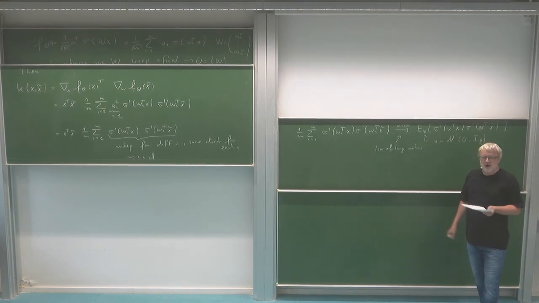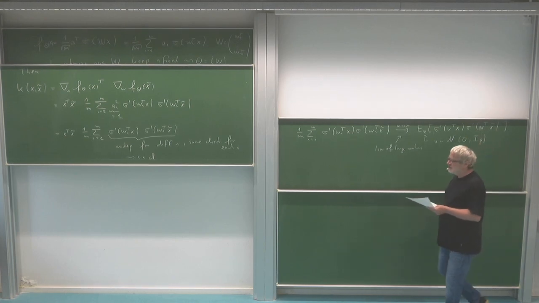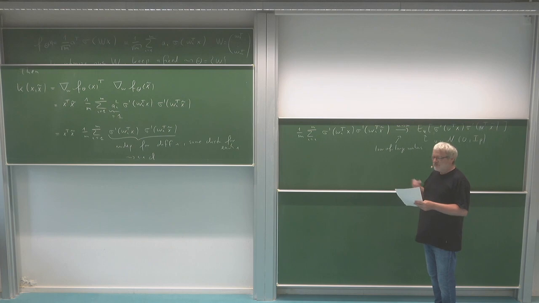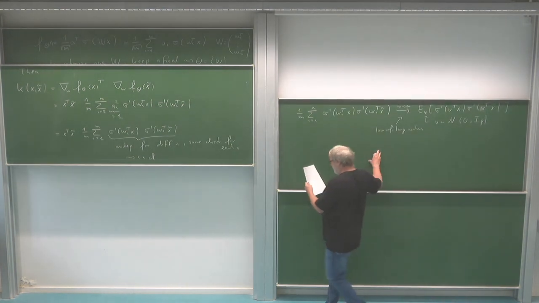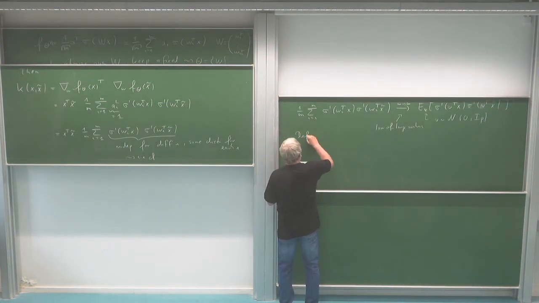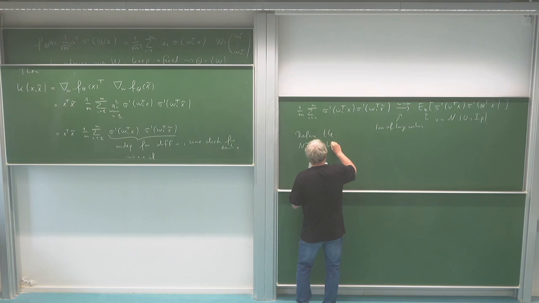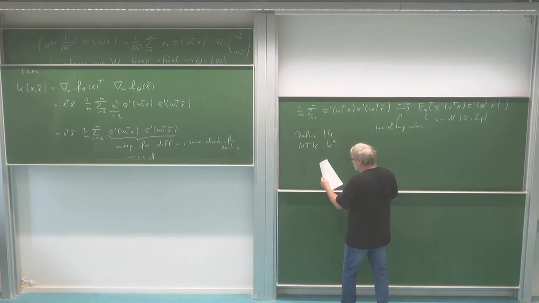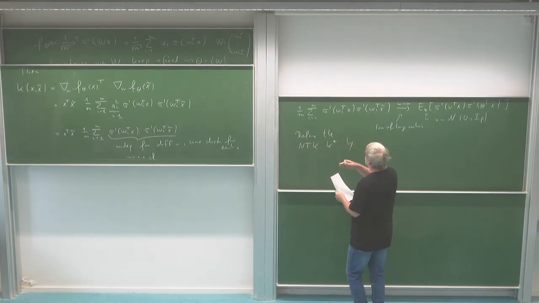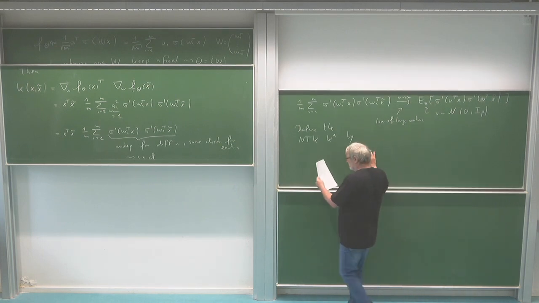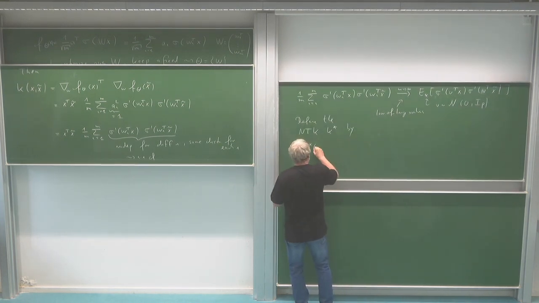That's what I define now as the limit object, which is the deterministic object which should determine the evolution. So I define now the neural tangent kernel, maybe I call it K star, as the kernel which is just given by this. So K star of x, x twiddle.